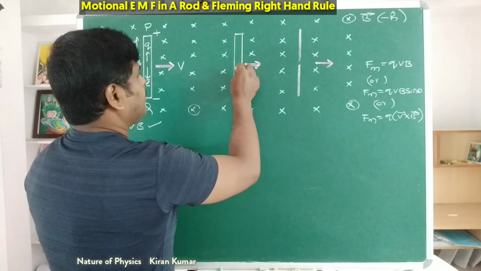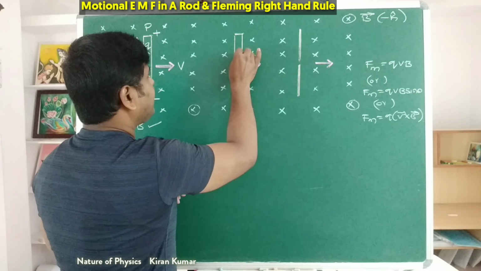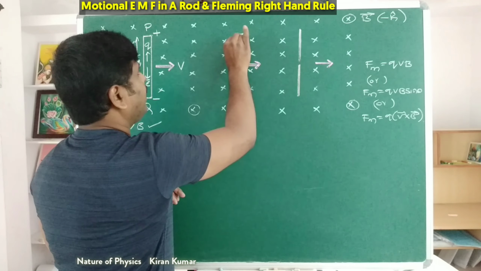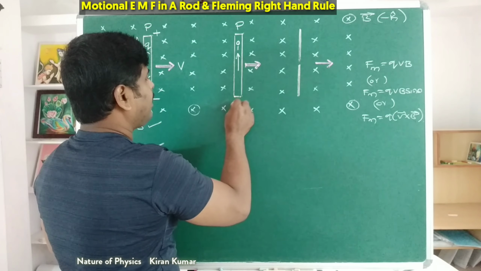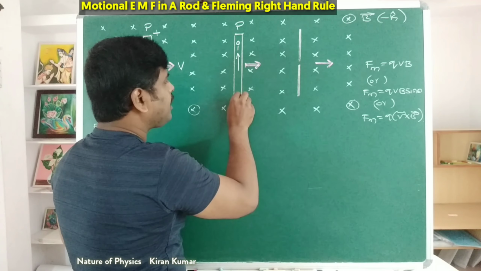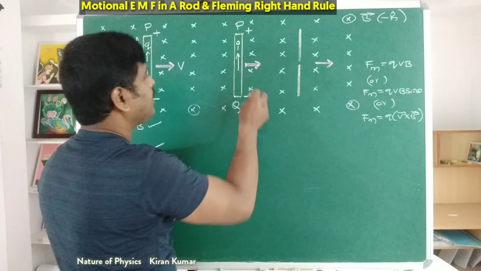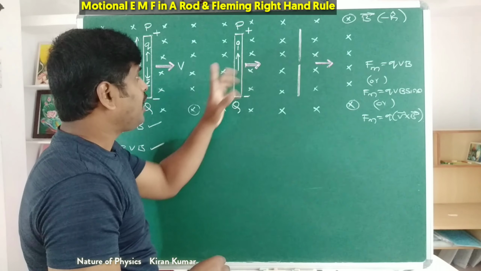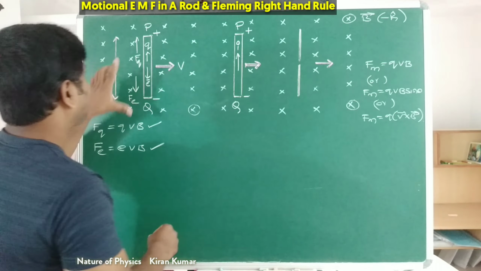The positive charge is moving in the upward direction, so the induced current direction is upward, toward the P end of the rod. Q has the negative charge. This is the induced current established due to the potential difference created in the rod. That potential difference gives the induced EMF.